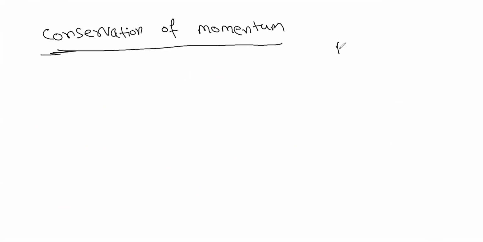So what is the formula for momentum? P equals to mass into velocity, mv. What conservation of momentum tells is whatever the momentum of the system, we are not talking of the bodies, we are talking about the total system.